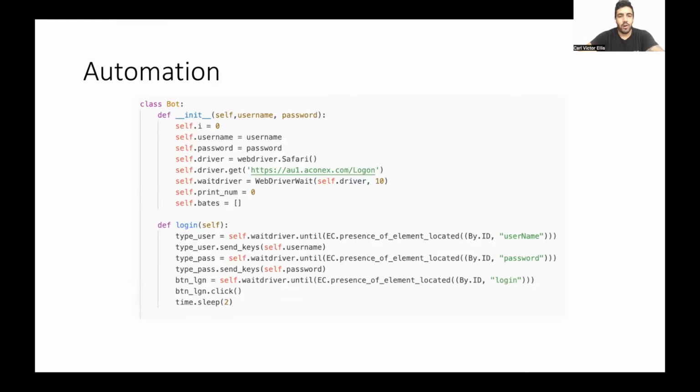To implement my work, I actually did a bit of automation. As you can see here, I created a class called Bot, which I nicknamed the LendLease Bot, which helped me with the drawings in Aconex.